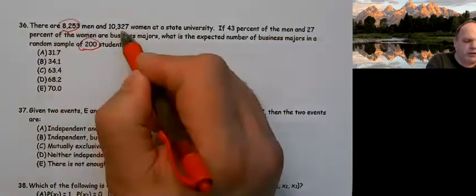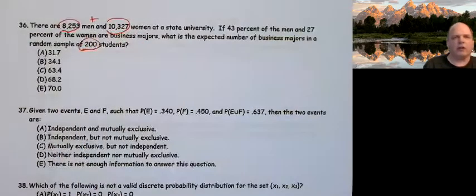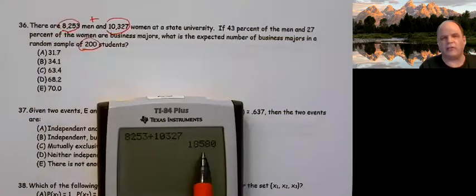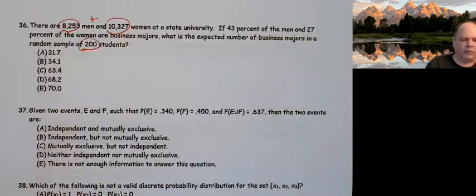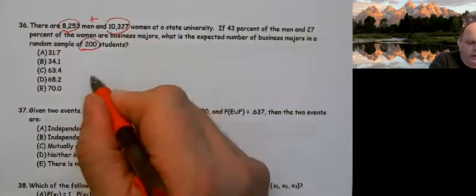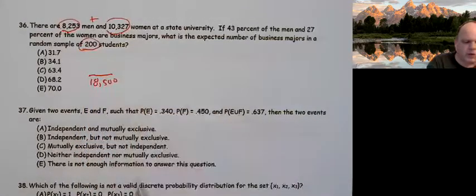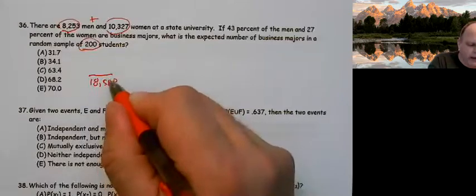So I'm going to just add these two values together. 8,253 plus 10,327. So I end up with 18,580. I hope I added this up right because I don't have any work to check it with.